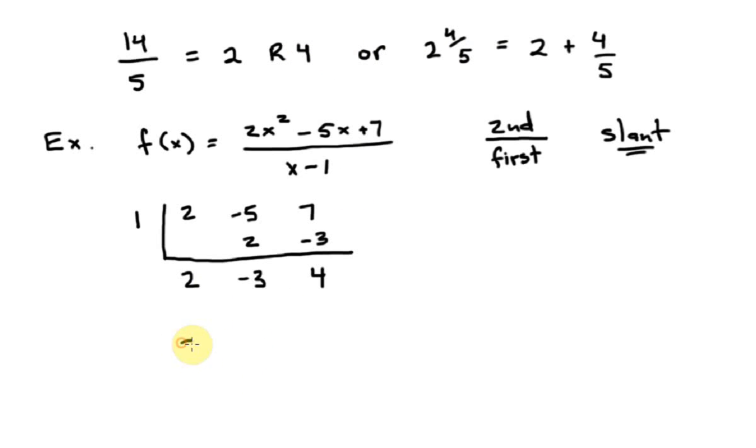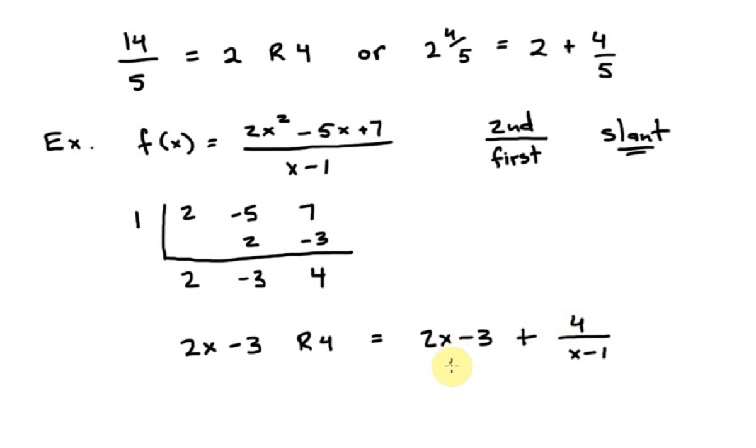So my answer is 2x minus 3, and then I have this remainder of 4. So now I'm going to process that a little differently, just like I did over here. What it's saying is I have 2x minus 3, okay, that's kind of like the 2. And then I'm going to add to that, so I'm going to build a fraction with this remainder. I'm going to put the 4 on top, and the thing I'm dividing by underneath it.